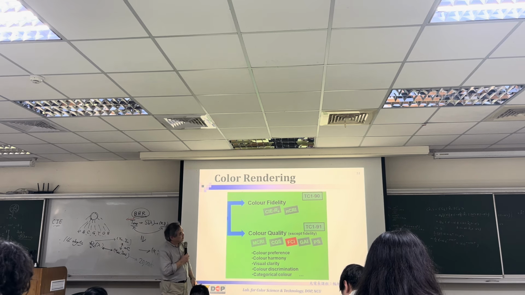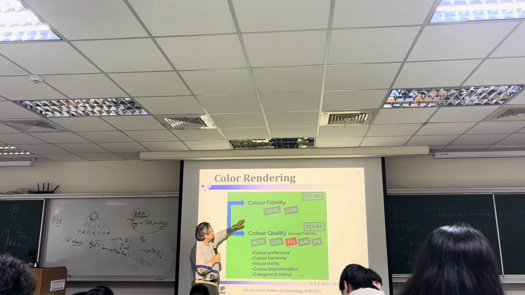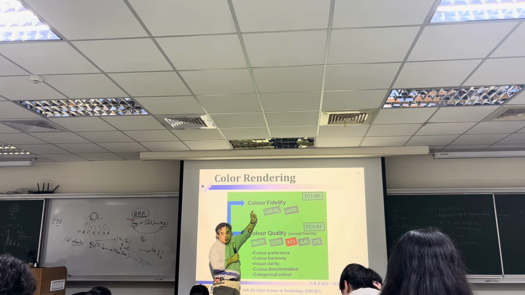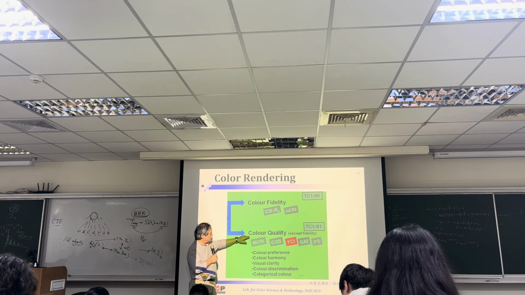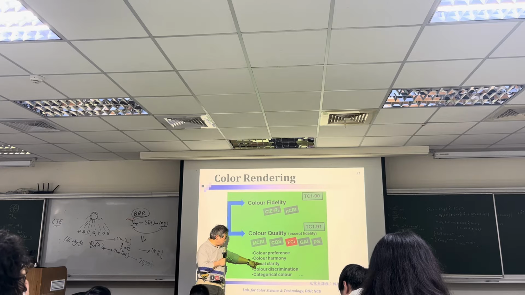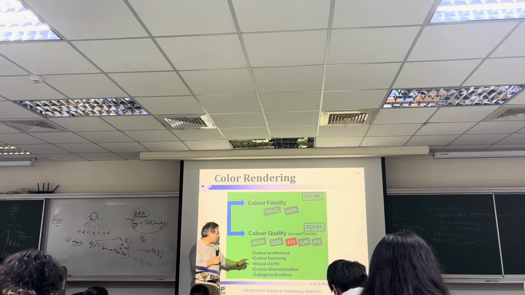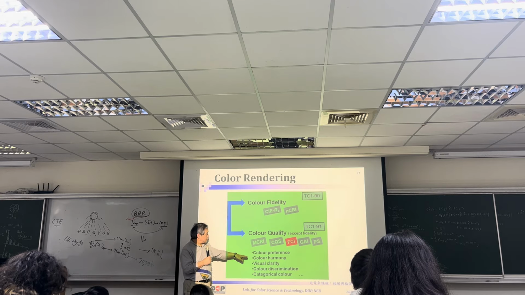Okay, I have no time to talk about it today, so I try to finish here. You can see fidelity is based on calculating color difference. For preference we calculate visual clarity, discrimination, category color, or harmony.